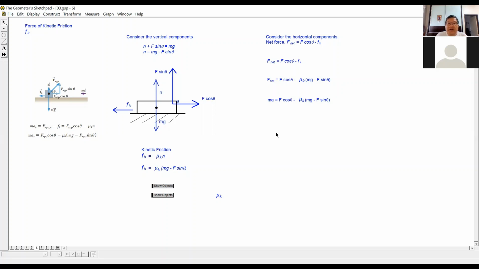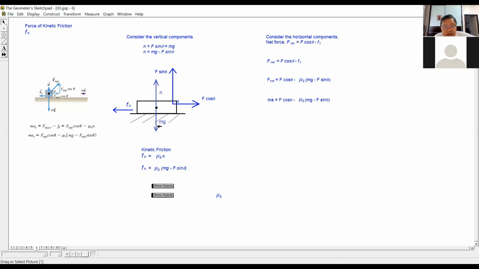These three components balance one another because the object is not moving up and down, it is not jumping, it is sliding along the floor. Looking at the arrows, N and F sine theta are in the same direction.